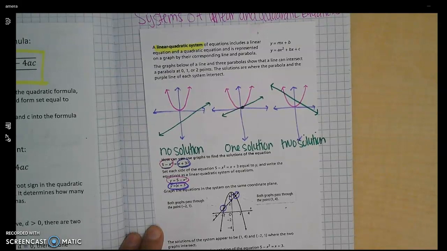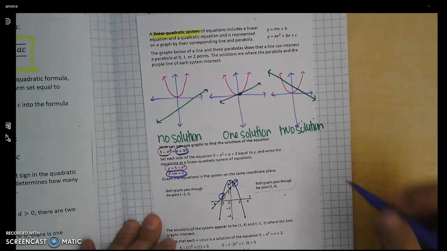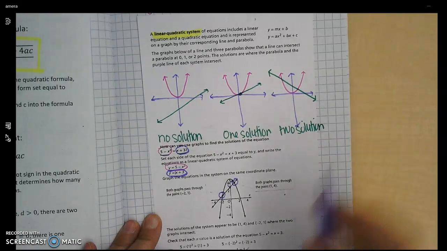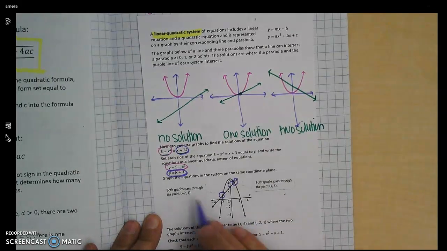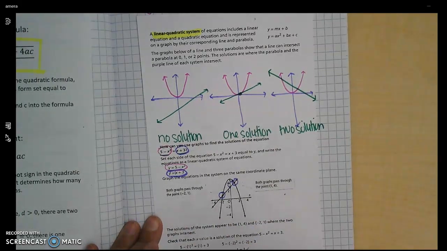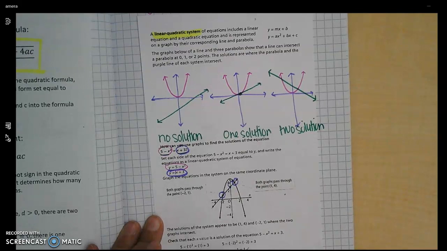Once you've done that, you always want to make sure that you check your solution. Since these are my two solutions, I'm going to plug in each of the points to see that it is true.